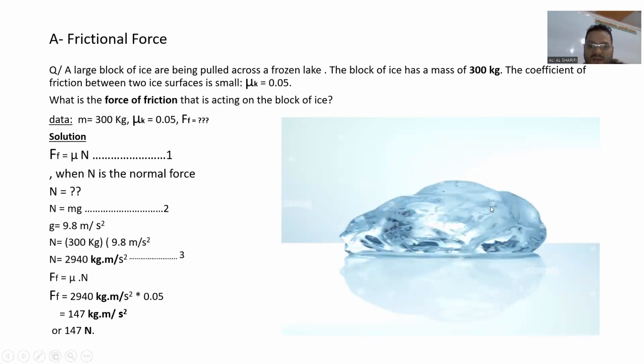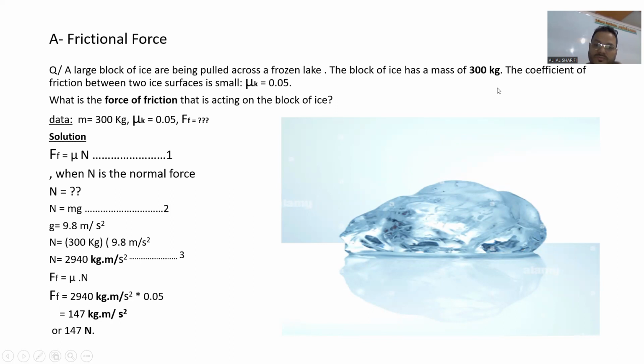Here is a physics example: a large block of ice being pulled across a frozen lake. Here we have two solid objects, both of them ice, but with different weight and size. The block of ice has a mass of 300 kilograms.